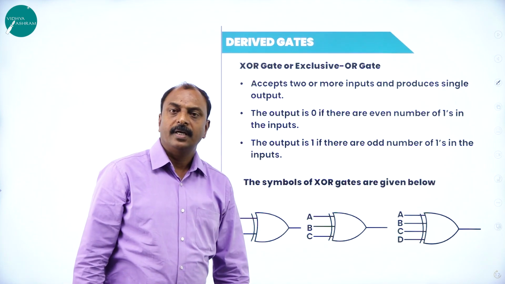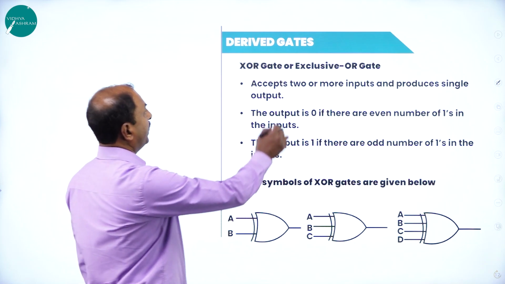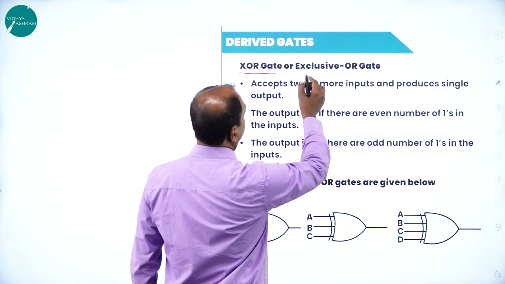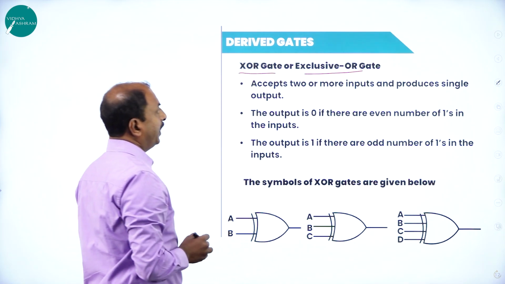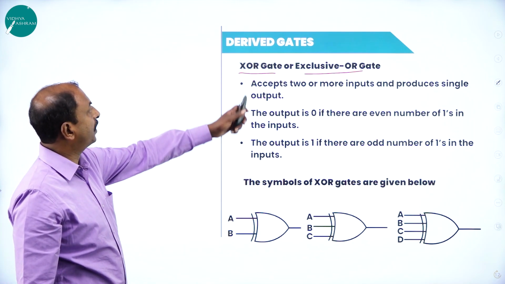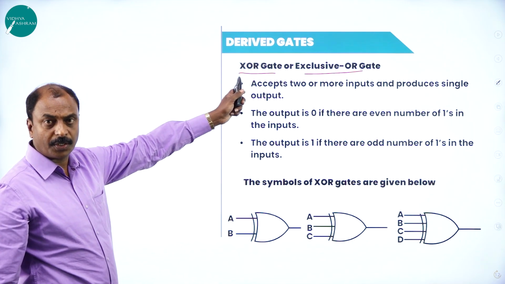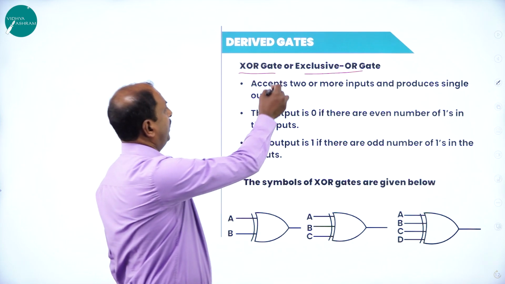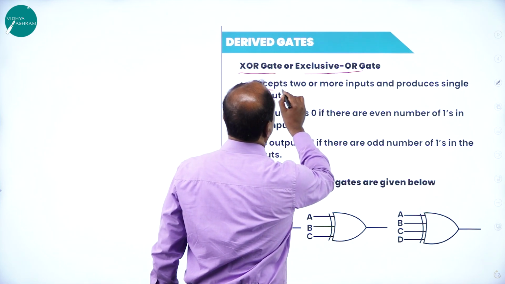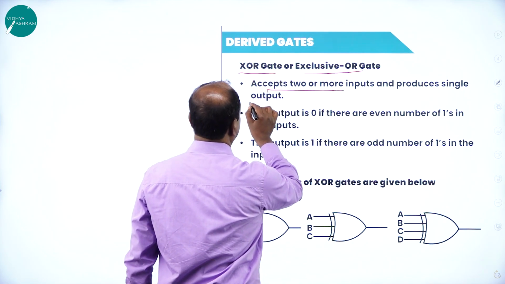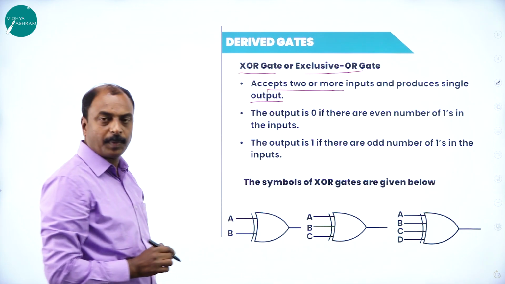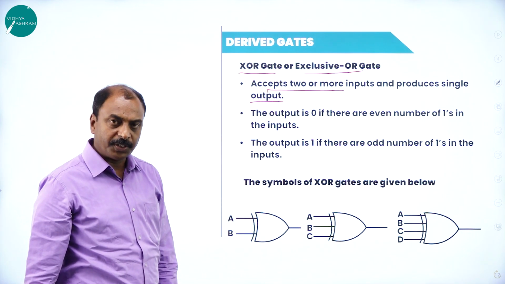Now let us see some other gates. Next one is XOR gate, or exclusive OR gate. It accepts 2 or more inputs and produces a single output. This is the common definition for all logic gates.